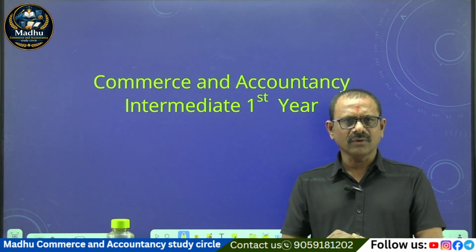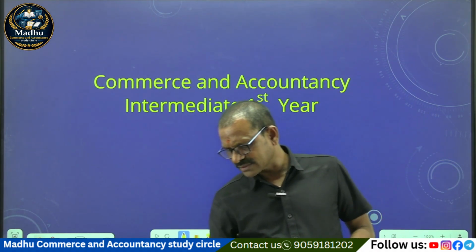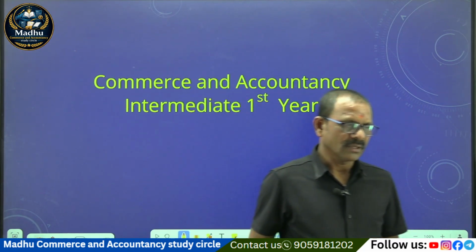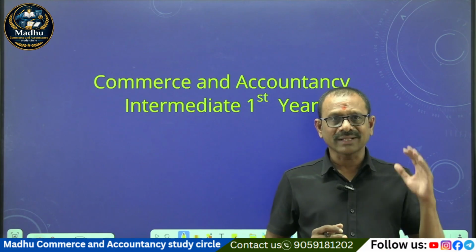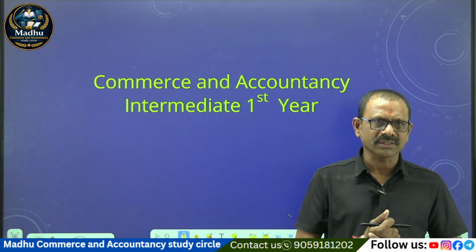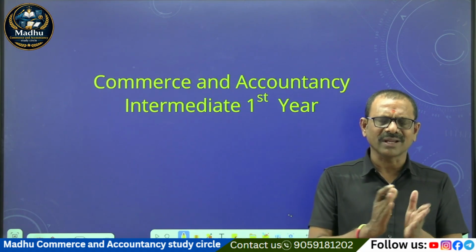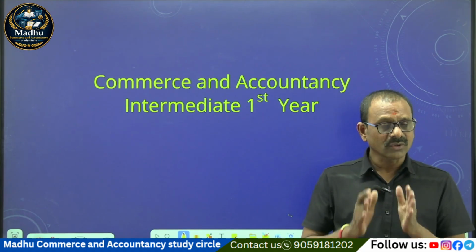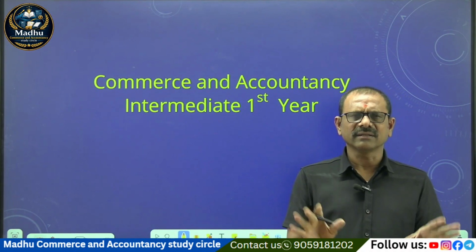Now I am going to explain the first one, the ledger account, which is question number 22. A total of 32 questions will come in the commerce and accountancy examination. For the accountancy part, you just learn these 4 problems. If you watch my videos and spend half an hour daily, you can get pass marks very easily.